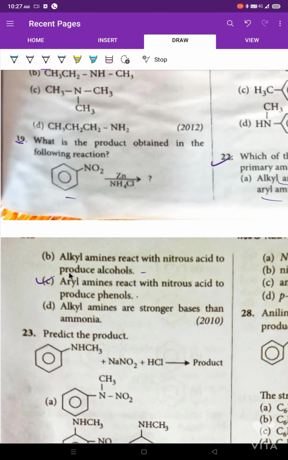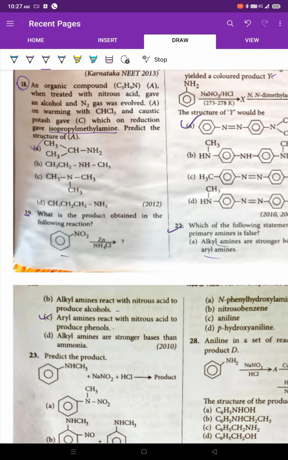Aryl amines are stable. Let us compare aryl amine and alkyl amine. Alkyl amine, CH3 NH2, on reaction with HNO2 gives alcohol.